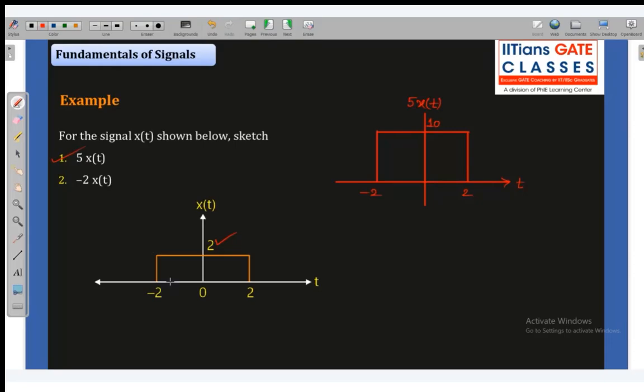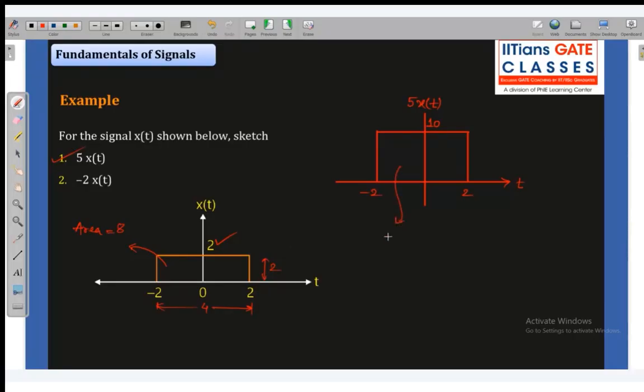One more thing that we have written is that the area will be changed by the factor by which you are scaling it. Previously you can see that the area of this rectangular signal was, the width is 4 and the height is 2. The area is length into breadth, so this is 8.